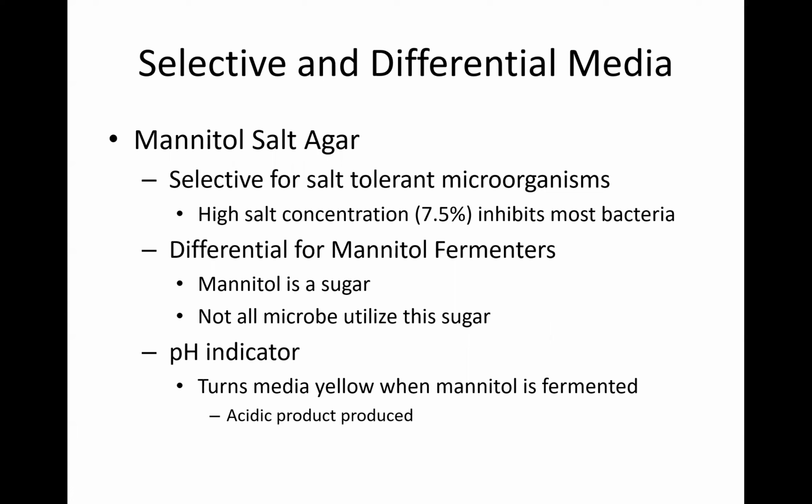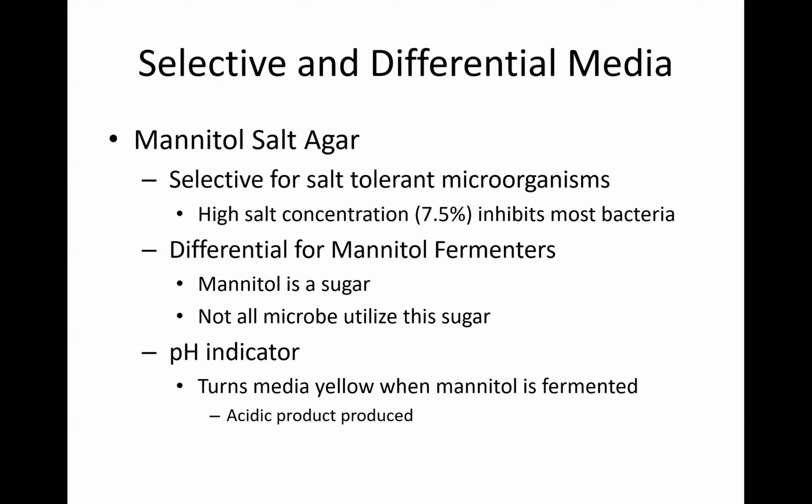But then it also allows for organisms to show up differently on the plate because mannitol is a sugar, so not all microbes can utilize this sugar. And there's also a pH indicator within the plate as well that allows the media to turn yellow when this acidic product is produced.